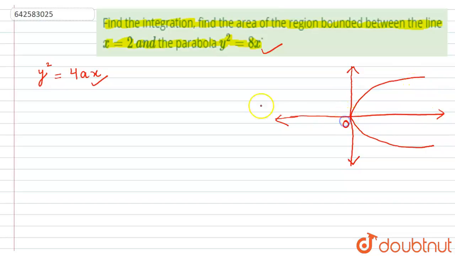And students, we can also start drawing where we would locate the line x equals 2. For drawing this line, we need to see where it would cut the x-axis. If this point is 2 comma 0, the line would lie like this.